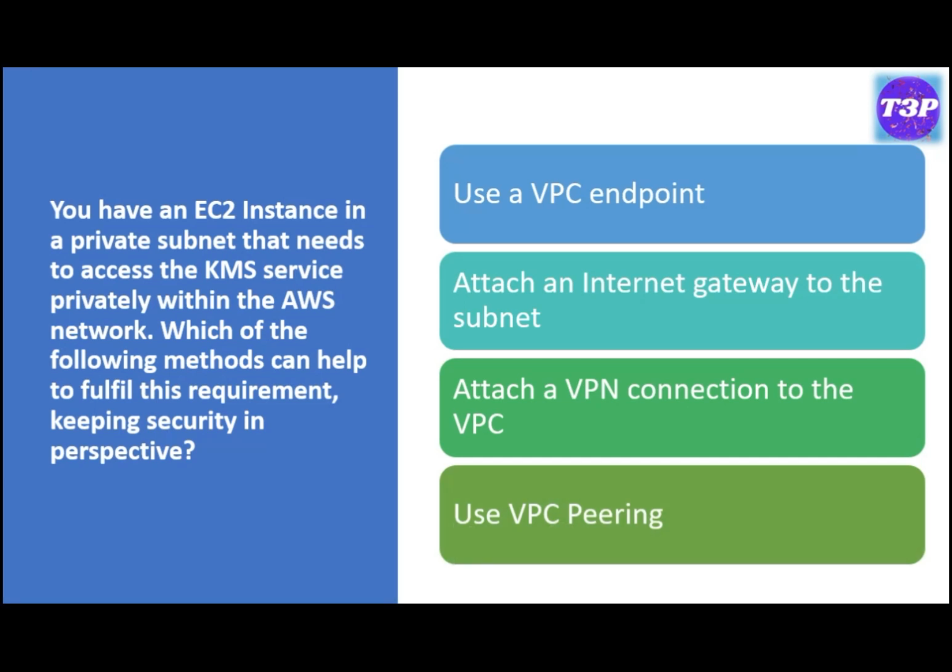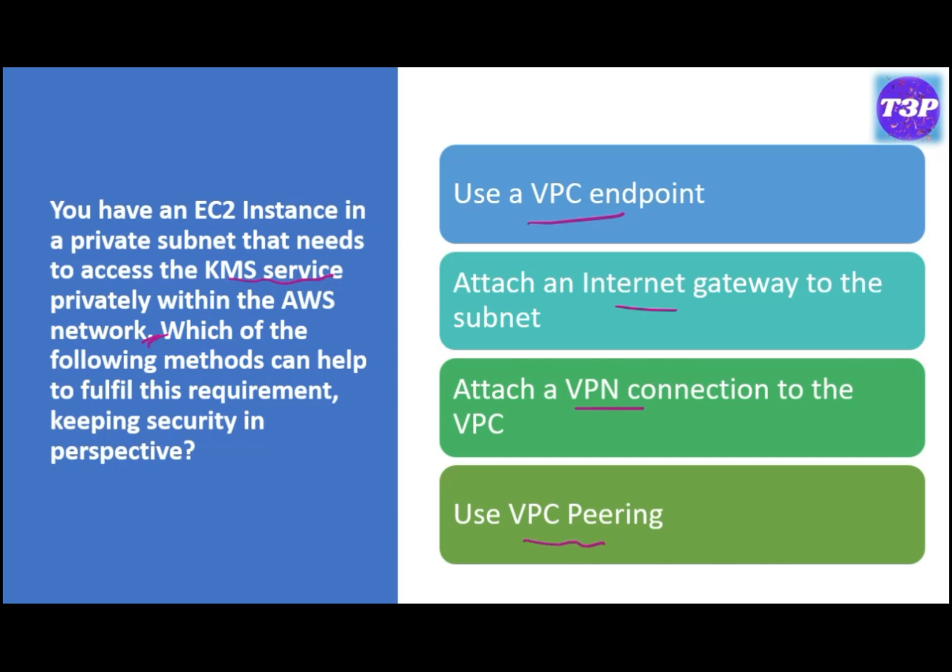Within the AWS network means it should not go beyond the AWS network, it will not go to the internet. The options we are having: use a VPC endpoint, attach an internet gateway to the subnet, attach a VPN connection to the VPC, use VPC peering.